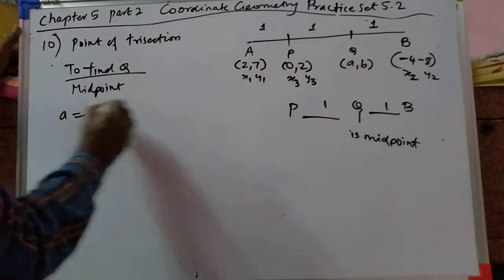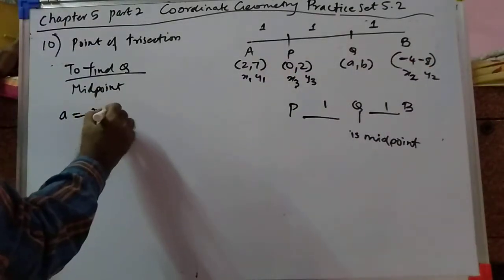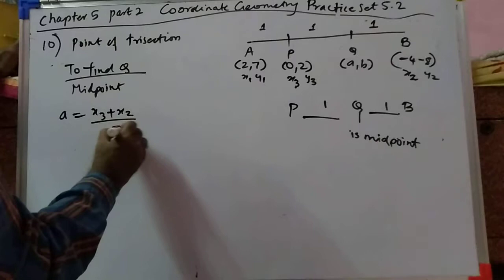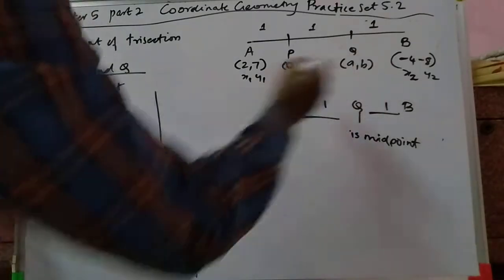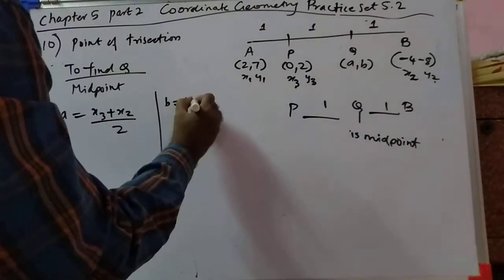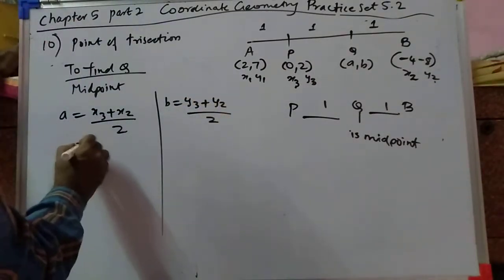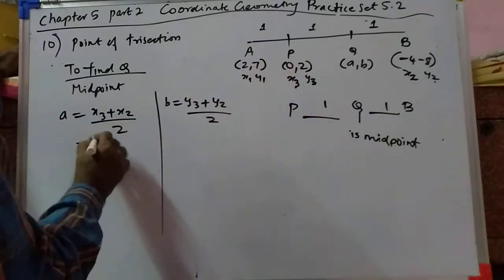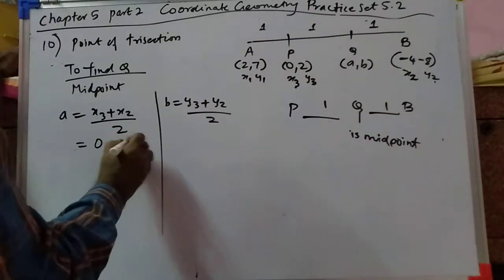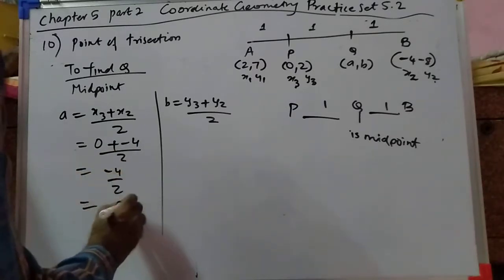At midpoint, A is equal to this plus this upon 2, and B is equal to this plus this upon 2. So X3 is 0, X2 is minus 4, upon 2, that is minus 2.